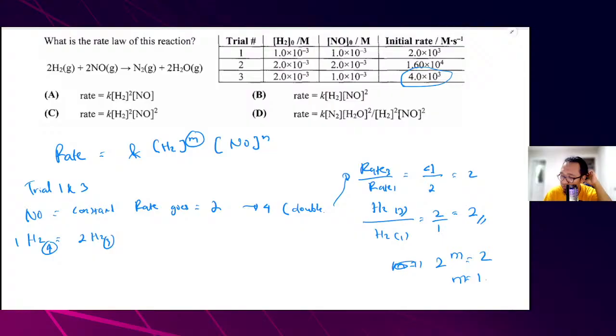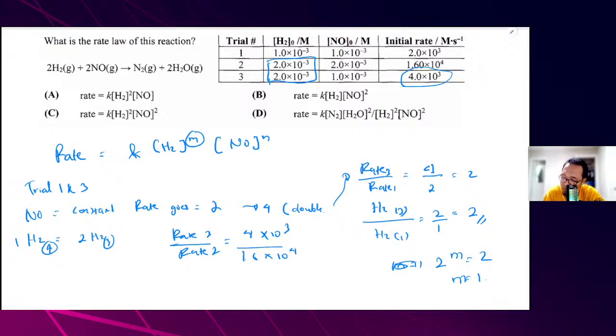How about for NO? For NO, we can compare rate 2 and rate 3 because this one is constant, right? So rate 3, rate 2 is from rate 3 is 4, then 3, and then 1.6, then 4.